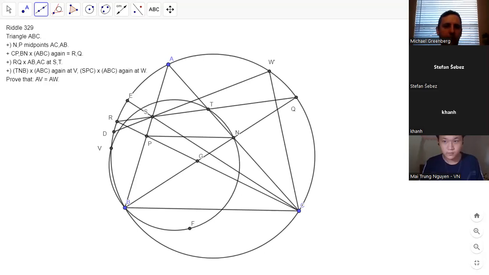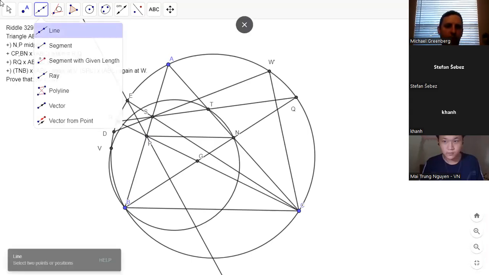If we could show EW prime is a symmedian, then that would solve it. And what happens if we do this? I don't even know what F is. What is F? This is a median. We want to show that. We want to show EW prime is a symmedian.